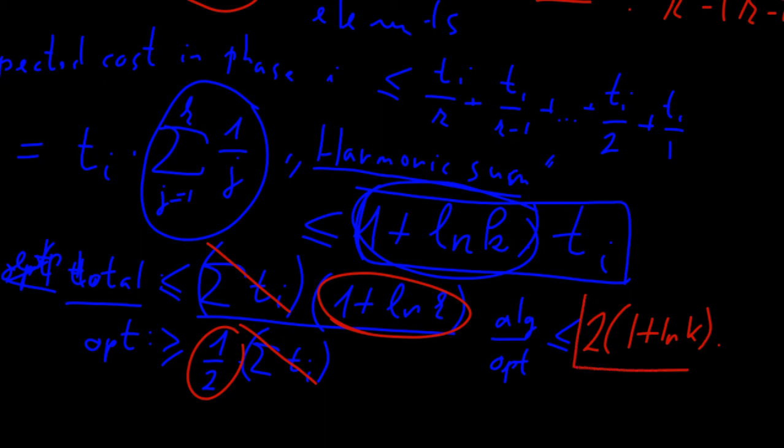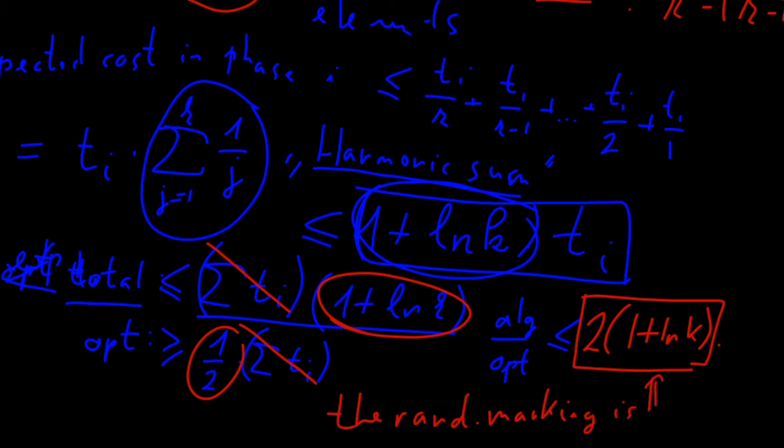So this means that the randomized marking algorithm is 2 times 1 plus ln k competitive, which is much better than the general k competitiveness which we know for marking algorithms in general.